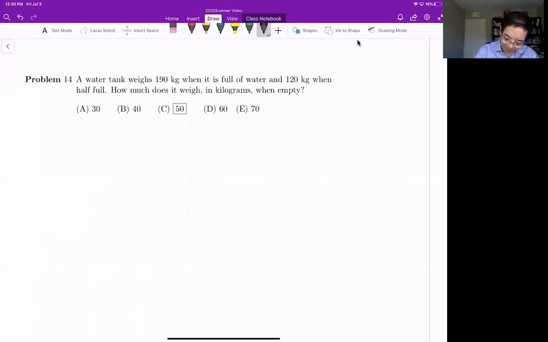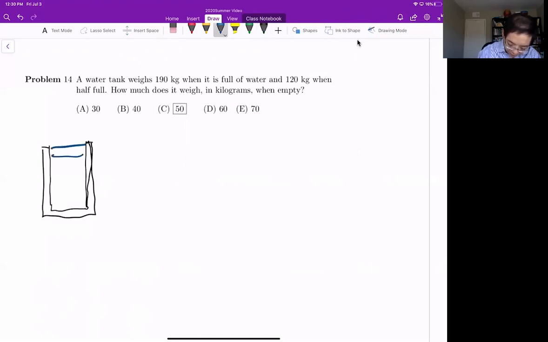Let me draw the picture. Here we have the water tank. At first, when it's full of water, it's 190 kilograms.